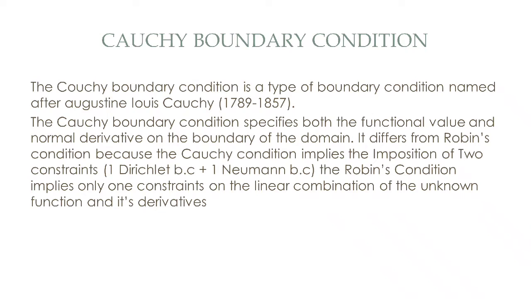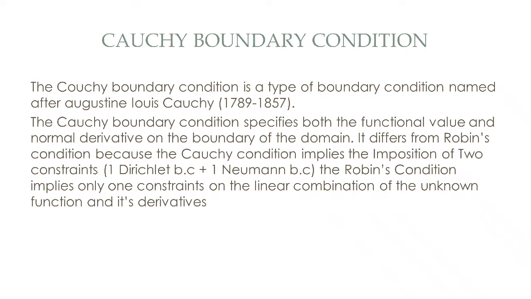Cauchy boundary condition is a type of boundary condition named after Augustin Louis Cauchy. The Cauchy boundary condition specifies both the functional value and normal derivatives on the boundary of the domain.